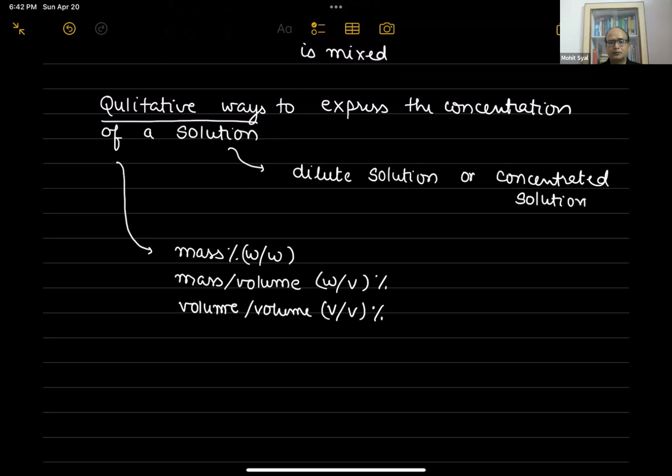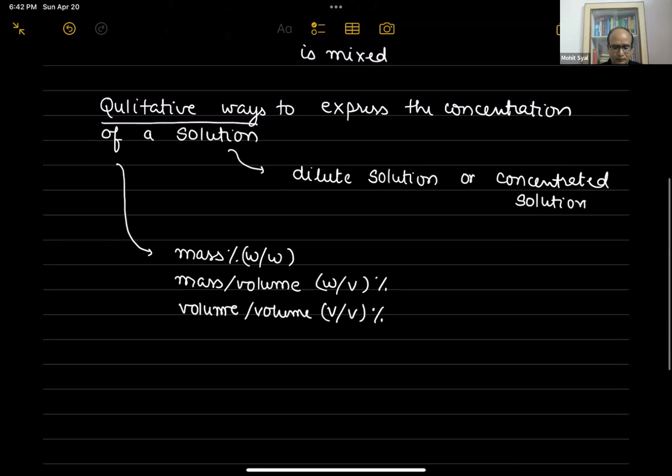Can you tell me? Other concentration terms, if you know. Is it molarity? Yeah, molarity. Molality. Yes, molality. And mass percentage? No. Yeah, that is already covered.